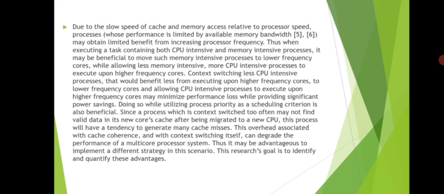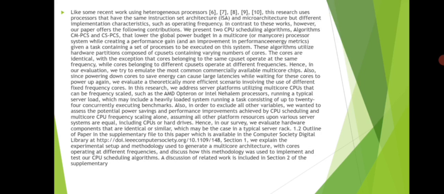This process will have a tendency to generate many cache misses. This is an overhead associated with the performance of a multi-core processor system. Thus it may be advantageous to implement a different strategy in this scenario.